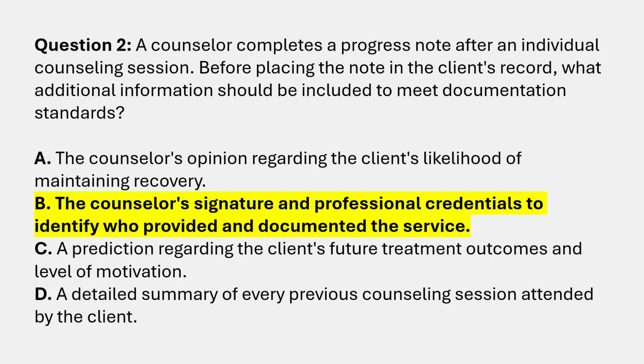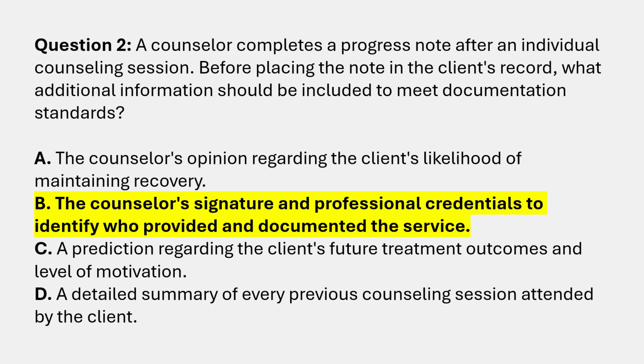The correct answer is B. The counselor's signature and professional credentials to identify who provided and documented the service. B is correct because clinical documentation should include the counselor's signature and credentials to verify who provided the service and completed the record. A is incorrect because documentation should focus on objective clinical information rather than personal opinions.